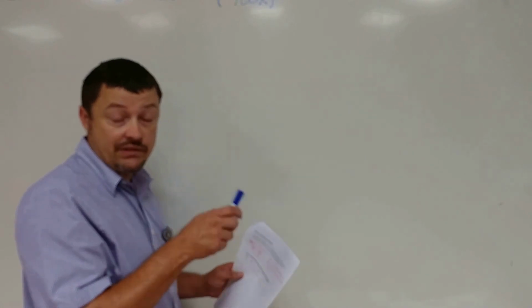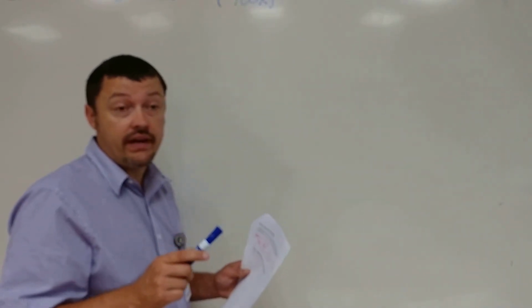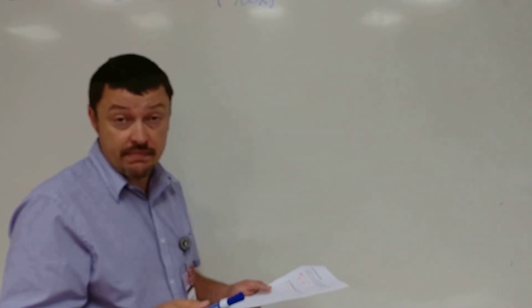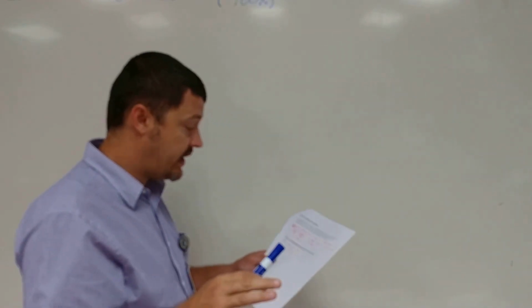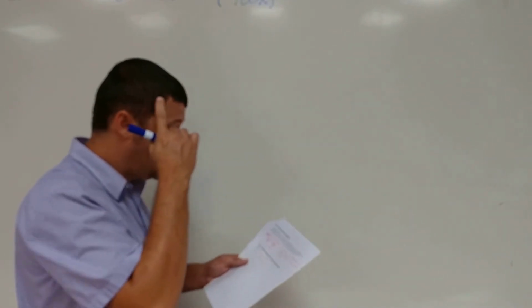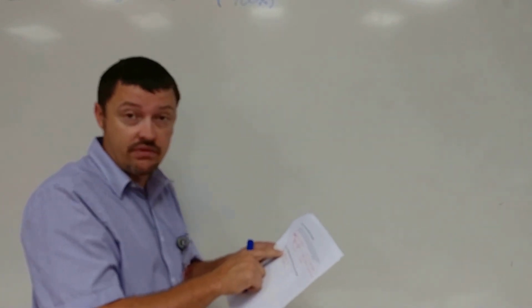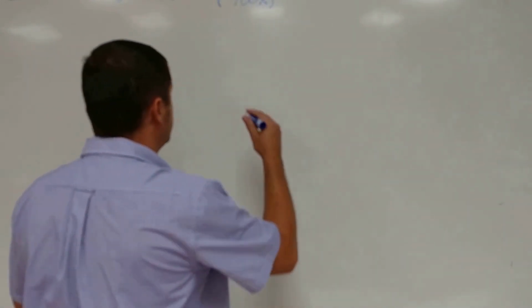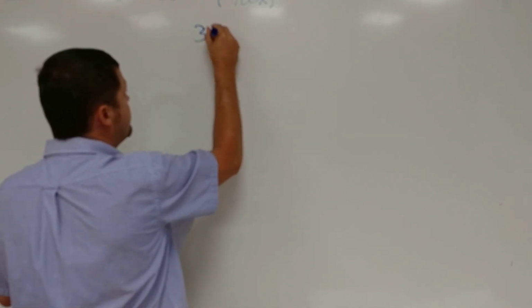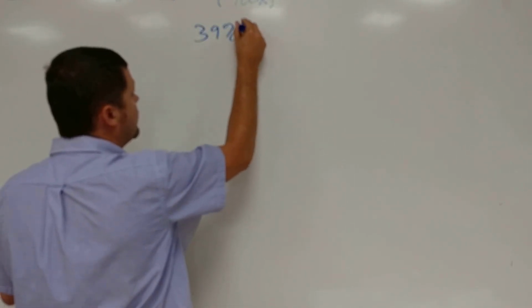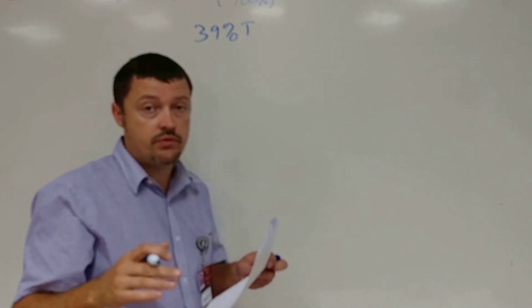All right, the last one we're going to talk about is figuring absorbance from percent transmittance. These are really easy calculations to do. Let's say it gives you a percent T result of 39%. Now we need to calculate absorbance from that.